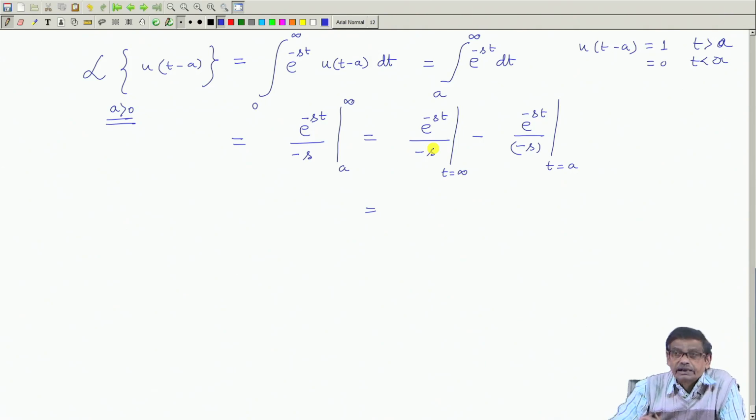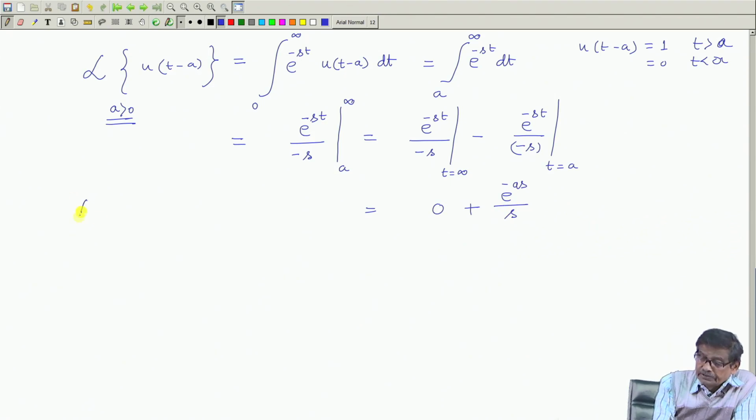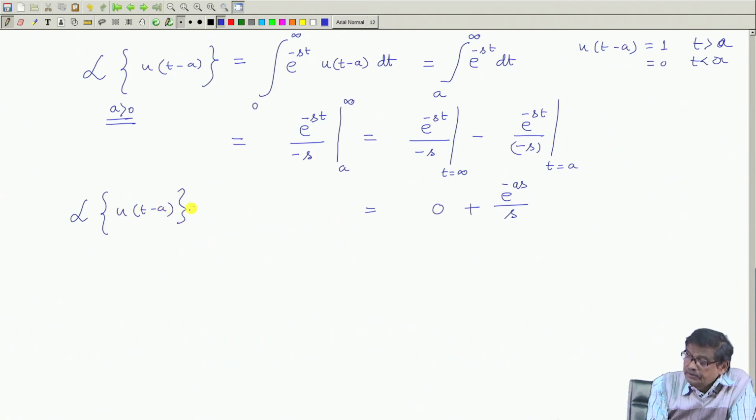So, this will be 0 and the second will become plus, here it is simple, e to the power minus a s by s. So, the Laplace transform of u(t minus a) is equal to e to the power minus a s by s.